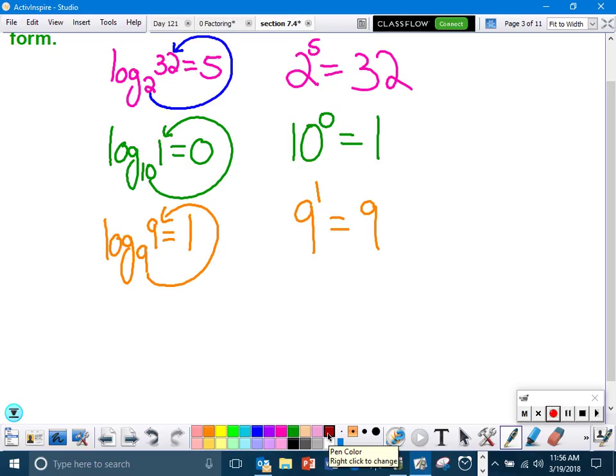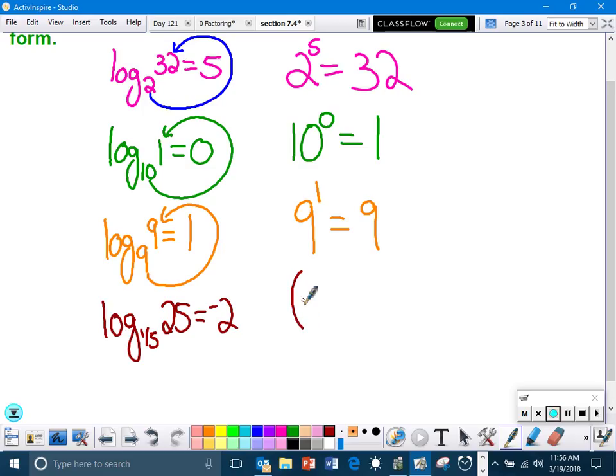Okay, last one on this. Sometimes you can have fractions. So, for example, log base 1/5, 25 equals -2. When you have fractions, you need to use parentheses. So again, the base is 1/5 to the -2 power equals 25.